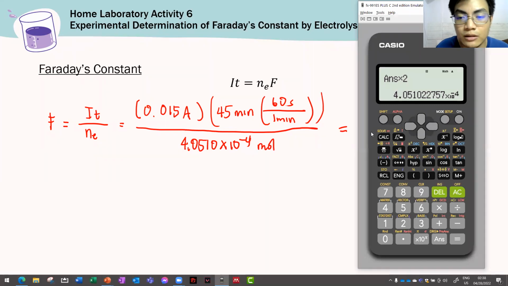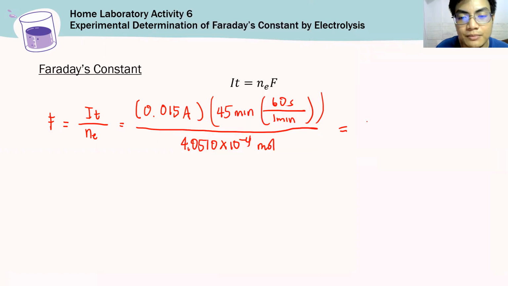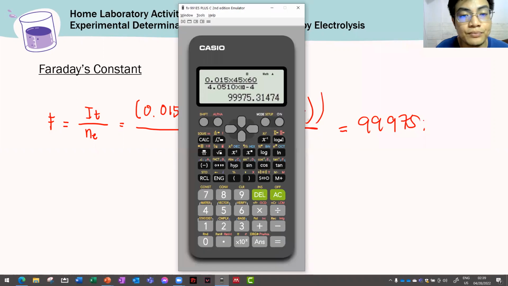So it will be 0.015 times 45 times 60 divided by 4.051 times 10 raised to negative 4. And this is the Faraday's constant I obtained using the experiment. So it's 99975.31.